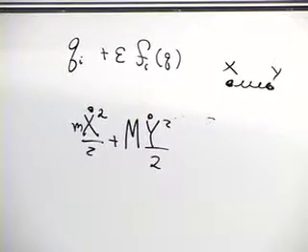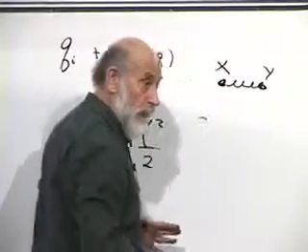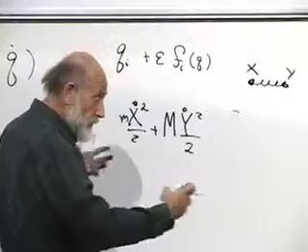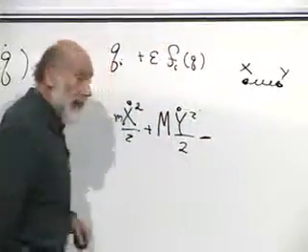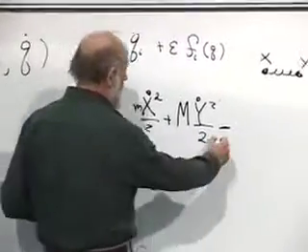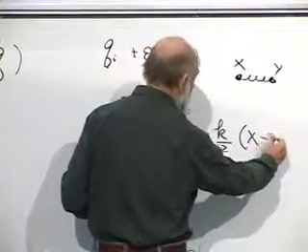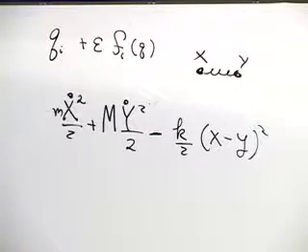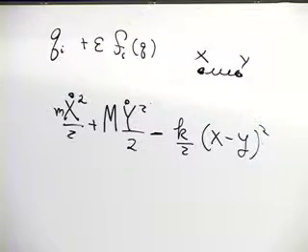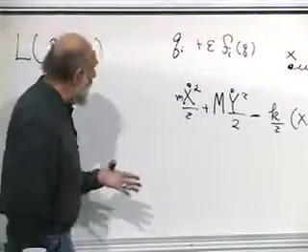The potential energy only depends on the distance between x and y. It depends on how much the spring is stretched. And so the potential energy, which goes into the Lagrangian with a minus sign, of course, is going to have a spring constant, k over 2, and it's going to have x minus y squared. Okay. Now I assert that there's a symmetry. The symmetry is to add to x and y, each of them, the same amount.